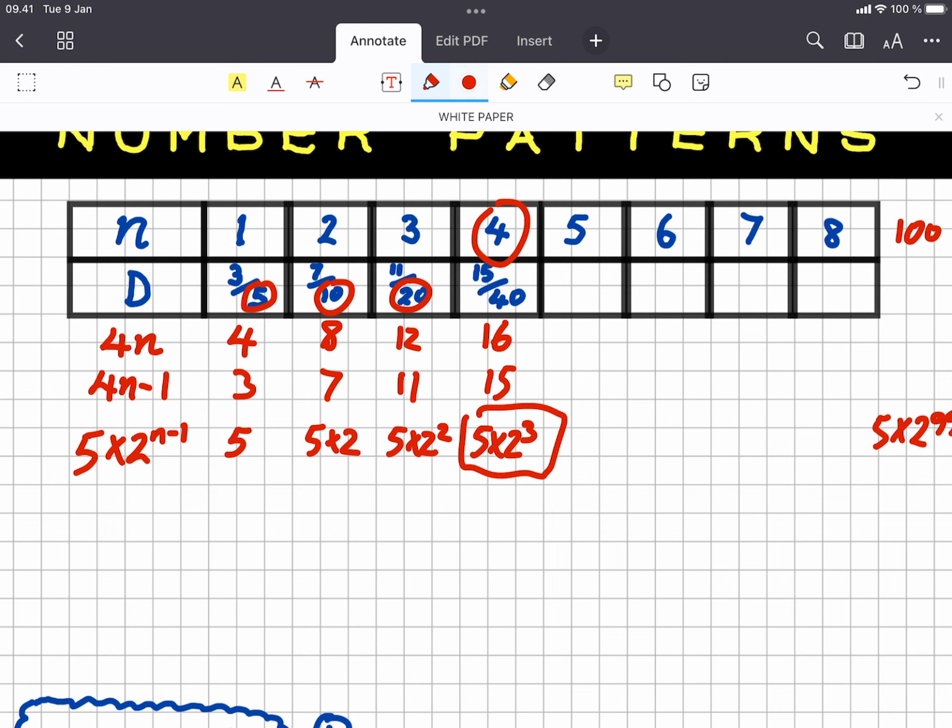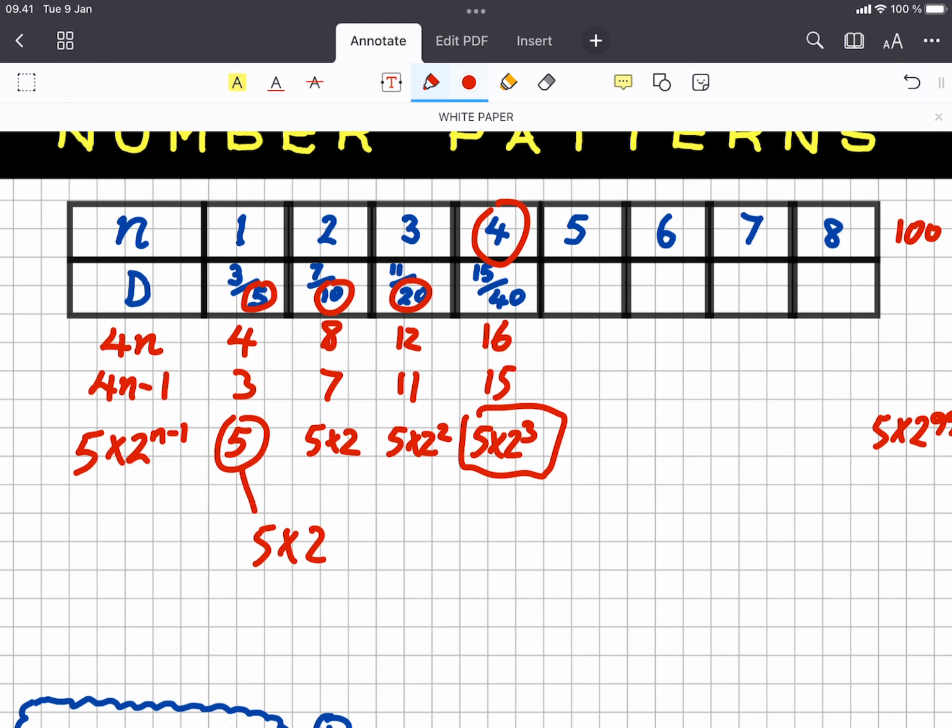Okay, so 5 times 2 to the power of n minus 1 gives you the denominators. And in fact, that's even true for the first one, because 5 times 2 to the power of 1 minus 1 is 5 times 2 to the power of 0, which is 5 times 1. So that is completely consistent.